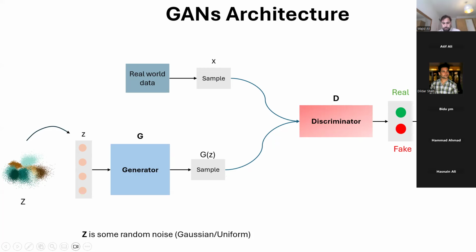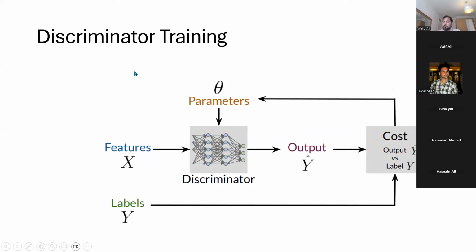So this is the probability of the discriminator for real images, which will always be one, and this is the probability of the discriminator for generated images, which is D of G of Z, the generated images. So for the discriminator part in GANs, this is how it stands.